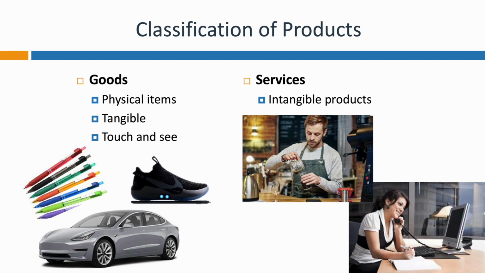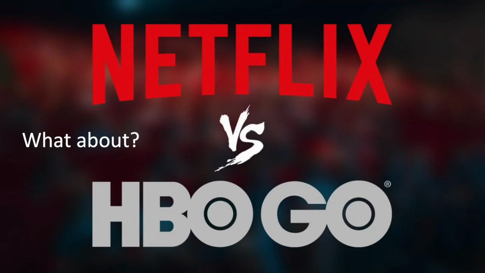But if we look here, would you consider these streaming services as goods or services? And while you think about that, also try to think of the reason why. How would you explain your answer?